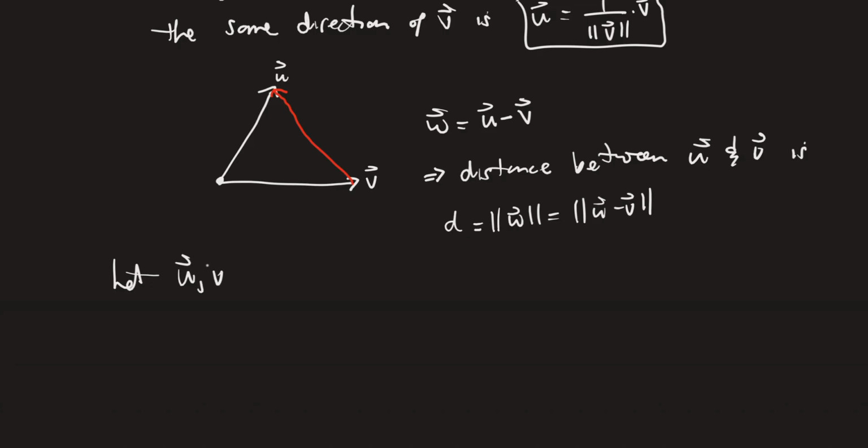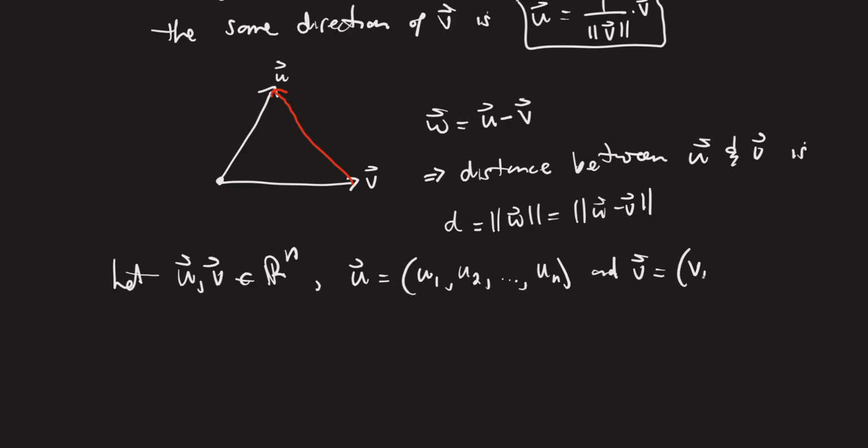Let u and v be in Rn, and let's define them this way. So let's say we'll have u1, u2, dot, dot, dot, un, and v is v1, v2, dot, dot, dot, vn, right?